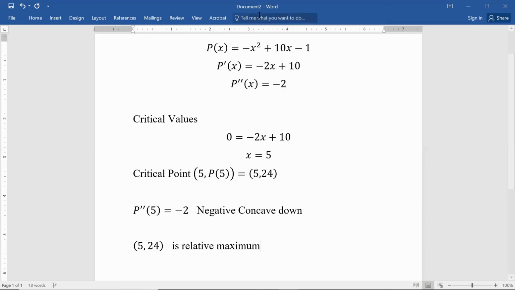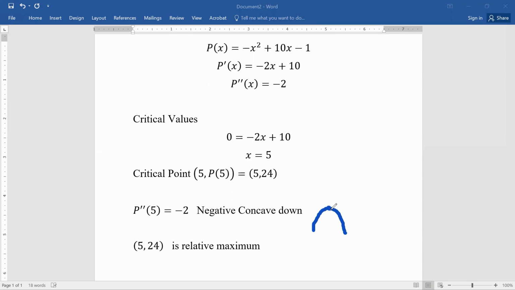Well, it's got to be a critical point. So it's got to have first derivative 0. In other words, the tangent line has to be flat. And concave down means we're going to be pointed down. So I often will draw a little parabolic shape pointing downwards for concave down, just to remember that if I have concave down, then it's at the top of a hill.